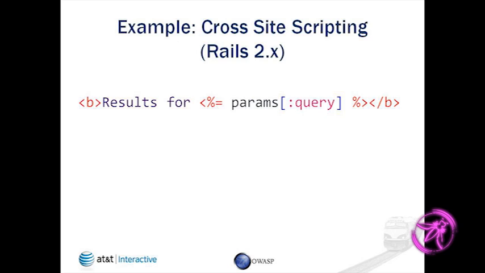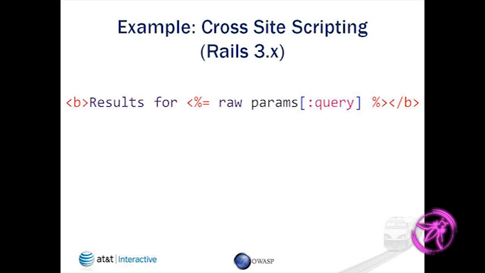So here's an example. This is a template using ERB, the default template language. Here we're saying, please put this query parameter into the page. So for Rails 2.0, this would be a cross-site scripting vulnerability. In Rails 3, they escape by default.